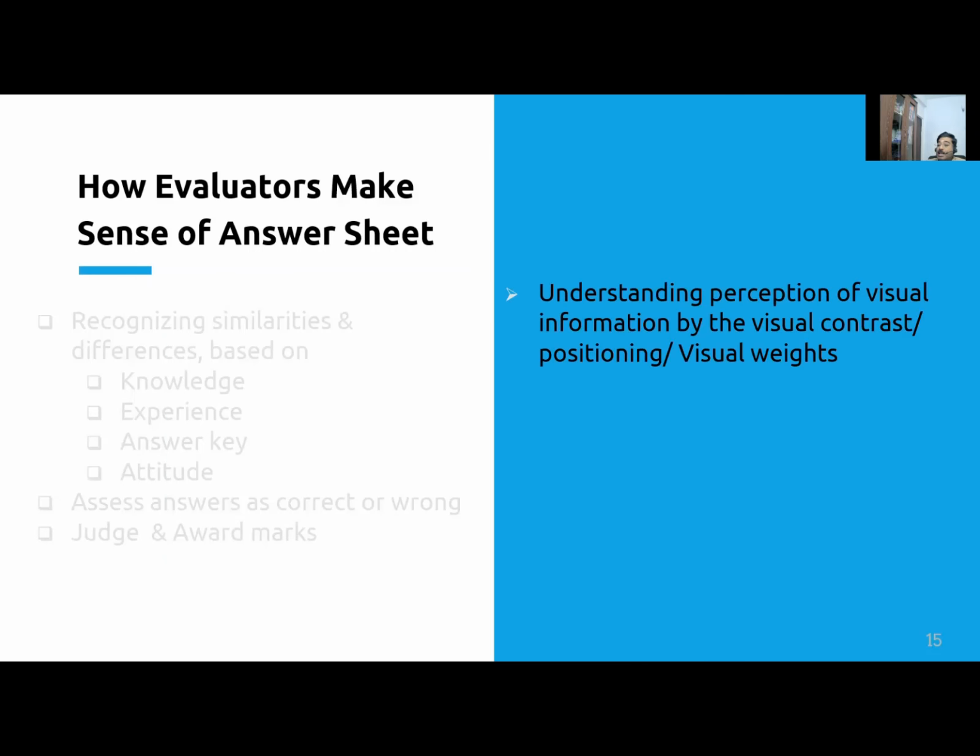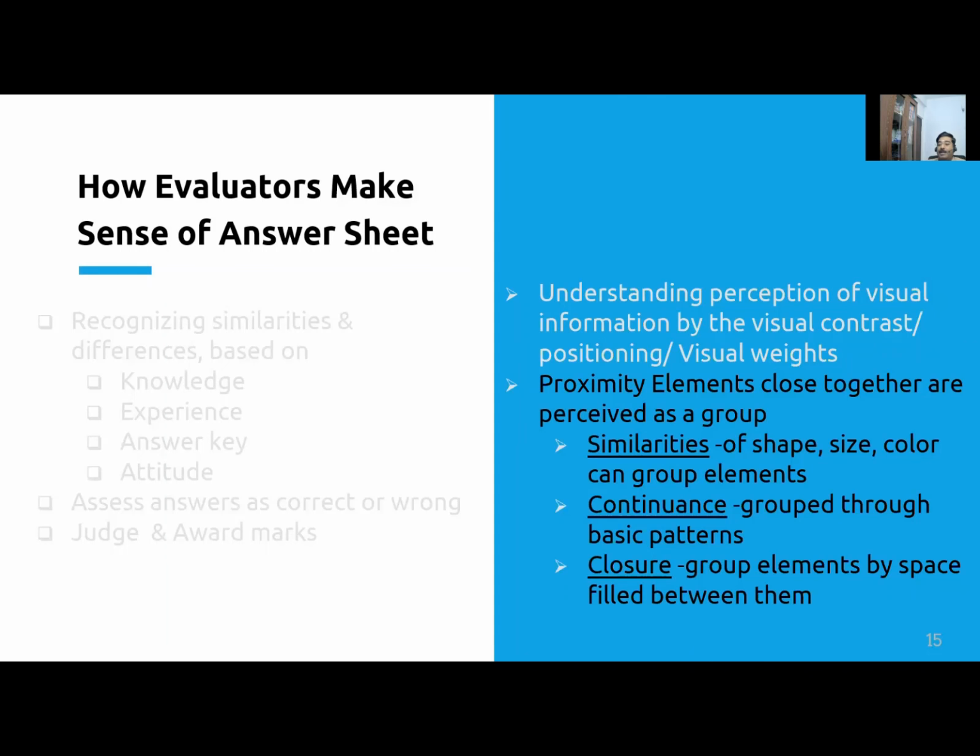So it is necessary that you understand the perception of visual information by visual contrast, positioning, and giving visual weight when and where needed. You have to group together similarities of shape, size, and color, so that the essay or short notes are better linked. There is continuation and there are no gaps.